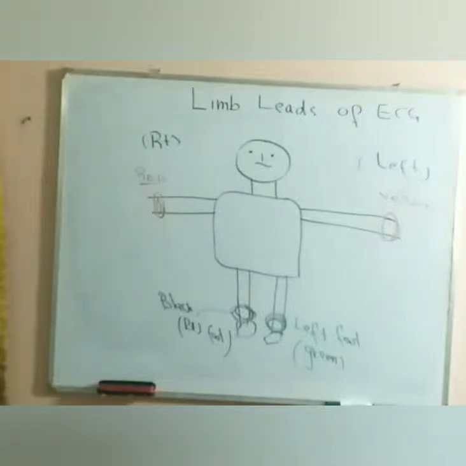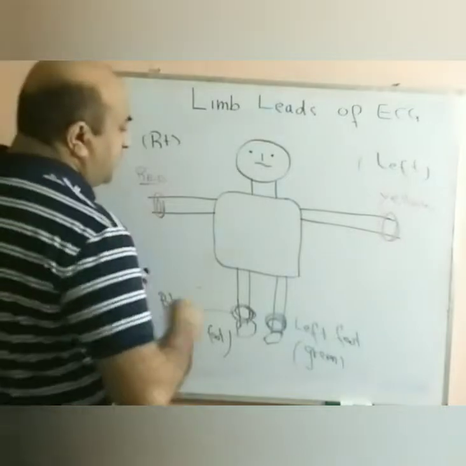The red was placed on the right arm or right forearm. Yellow was placed on the left forearm. Green was placed on the left foot, and black was placed on the right foot. Later on, these were given the colors red, yellow, green and black, and it helped us create a mnemonic which we call 'Read your good book'.